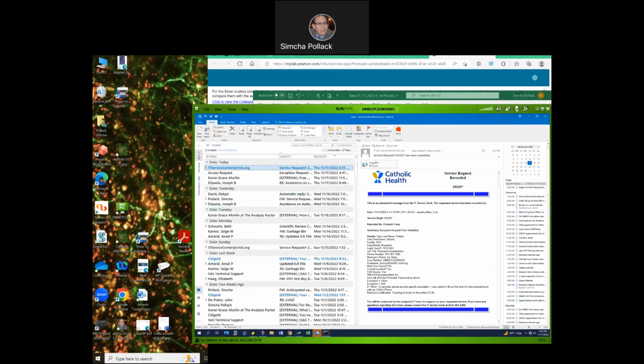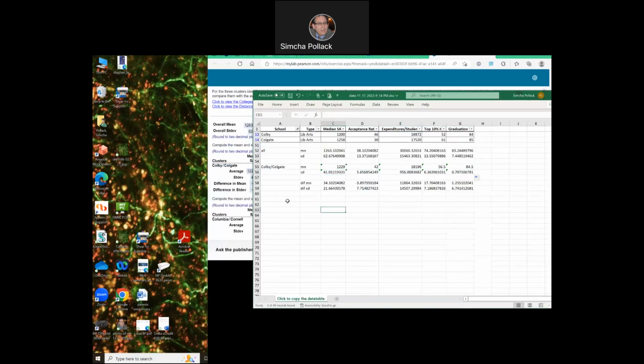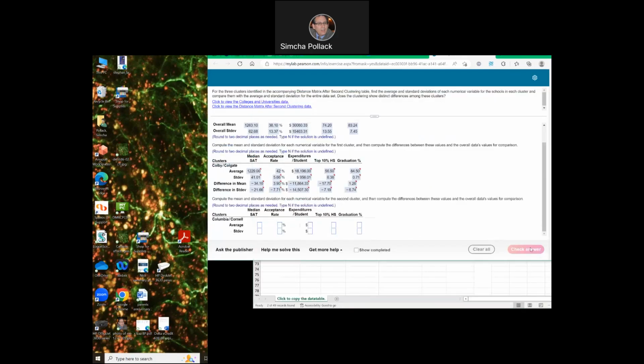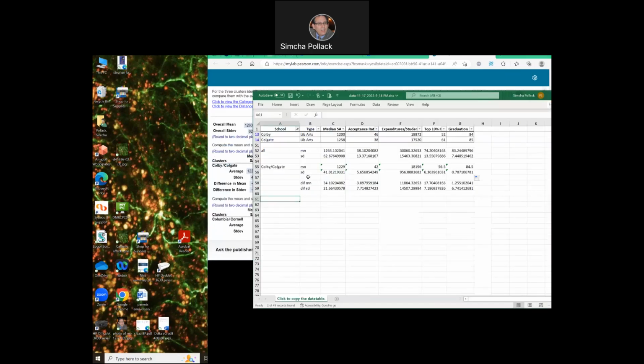Okay, where are we? We want that. We want this. Then they want you to repeat the same exact thing. Back to the problem: now do the same thing for Columbia Cornell. So this time you do Columbia Cornell, just to have it organized.